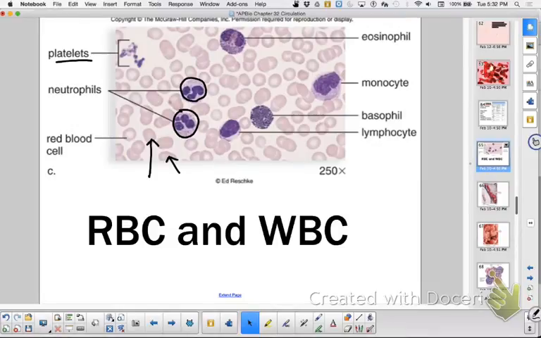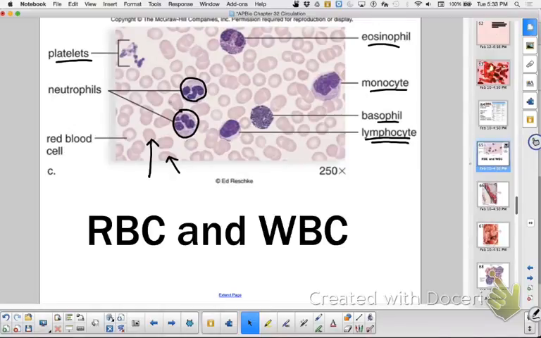Platelets are involved in blood clotting. Lymphocytes, you'll have two different types that we'll be talking about later in our immune system. Eosinophils, monocyte is a type of white blood cell as well. Basophil secretes histamine. Also mast cells in your tissues secrete histamine, and some of you have allergies because too much histamine is secreted, so you take an antihistamine. We'll be talking about that shortly.